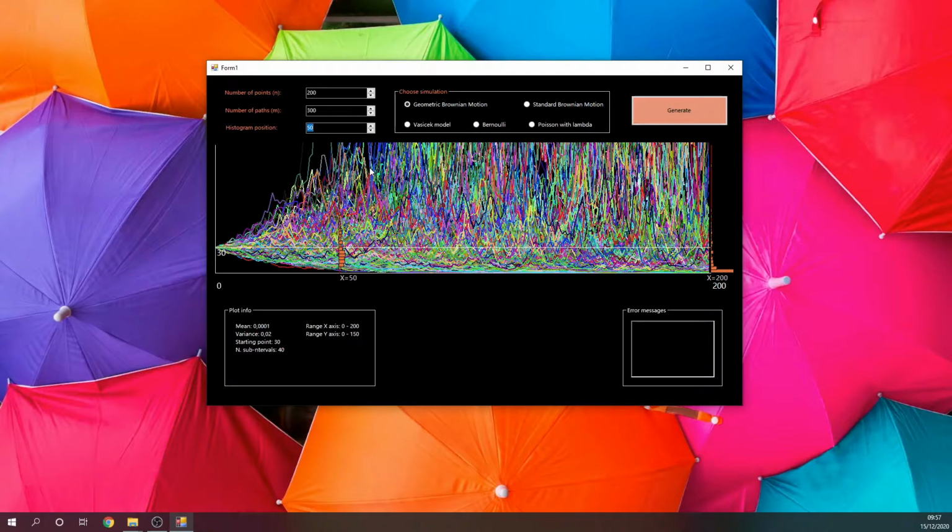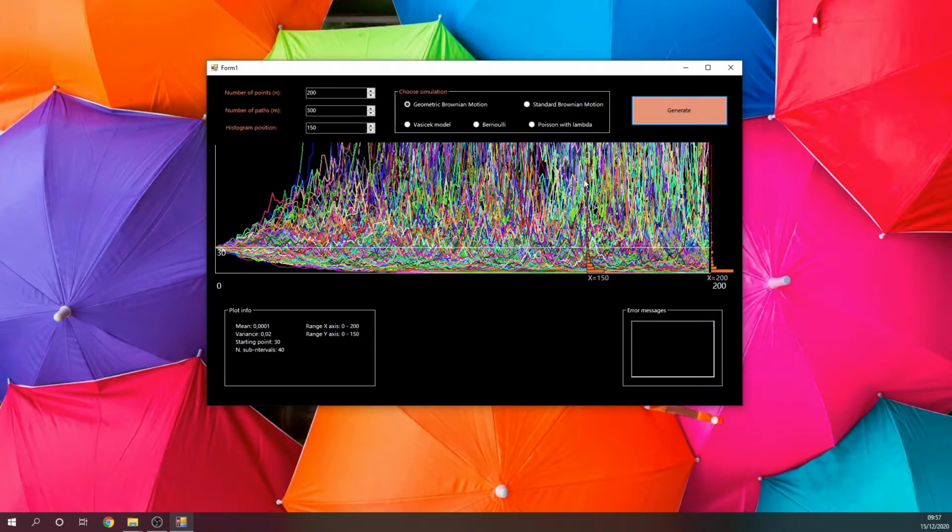In fact, if we increase more, like 150, the concentration in this region is so negligible that it is not very understandable in this histogram. These are the intervals and the rectangles that show us the frequency, but they are very, very little.